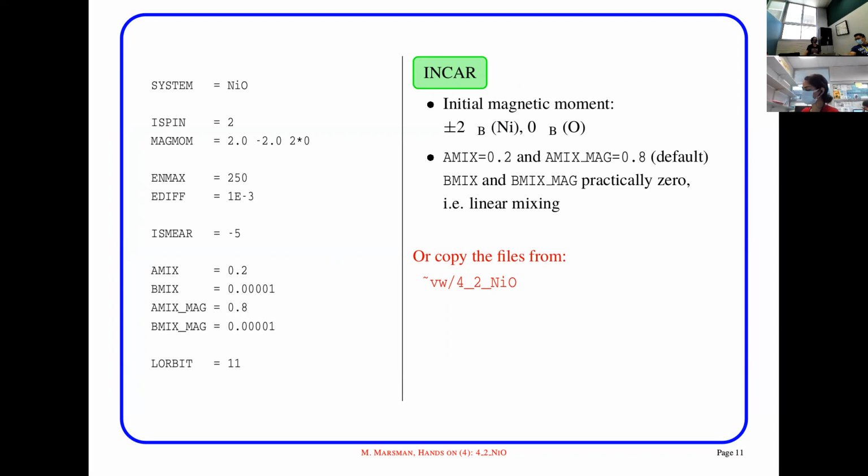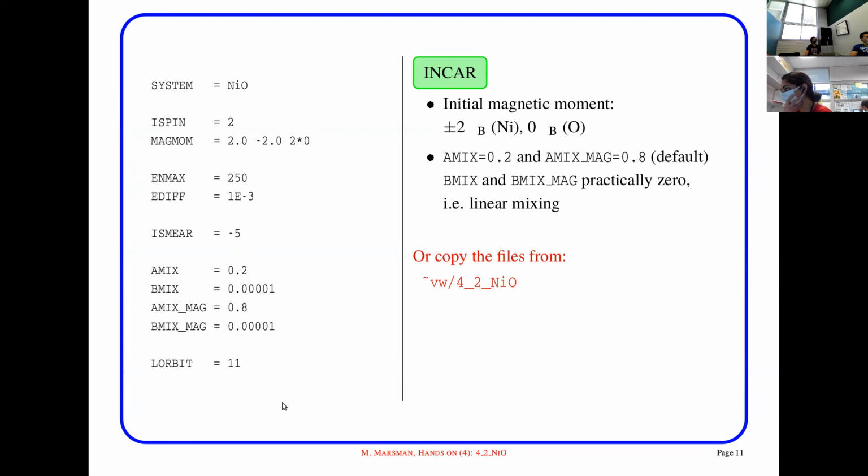Yeah, but the point is that if you put 2 multiplied by minus 2, then you are saying that both your nickel atoms have a magnetic moment of minus 2, and that is not true, because it's antiferromagnetic. You need to have one nickel atom plus 2, the other nickel atom minus 2. So that's why you cannot. Okay? Remember that whenever you have a product, the first number is the number of atoms, and the second number is the magnetic moment.